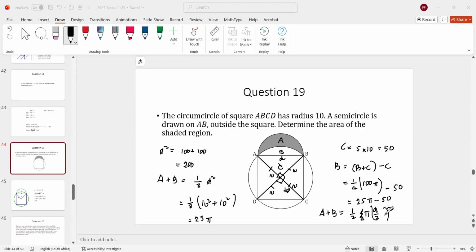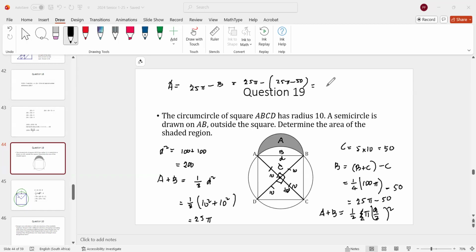So I know what B is, and I need to calculate A. So A is equal to 25 pi minus B, and that is 25 pi minus, I calculated B to be 25 pi minus 50, right?